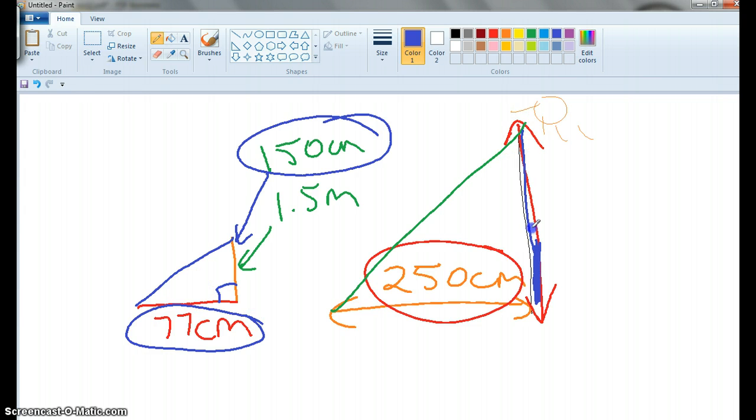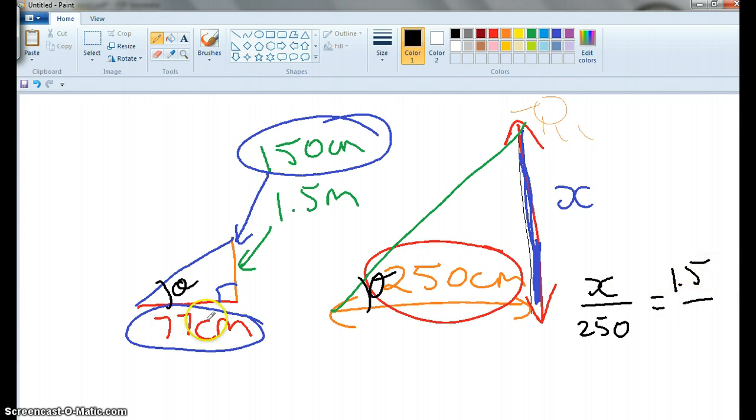Now we're going to call the height of the post X. This angle here is the angle that the sun's kind of hitting the ground, if you like. So we're going to say that the opposite over the adjacent of that one equals the opposite over the adjacent, but I better get my units right, the opposite over the adjacent of that one.